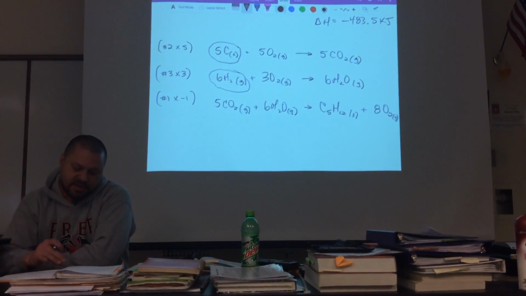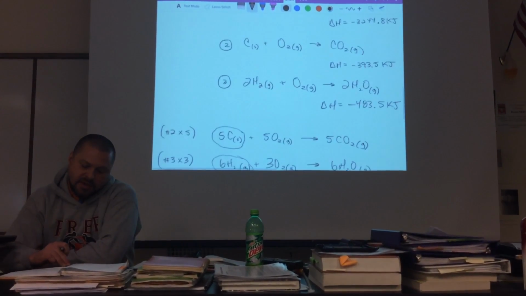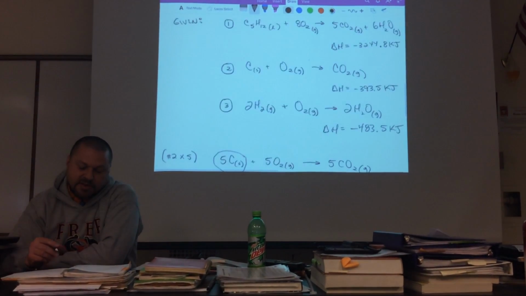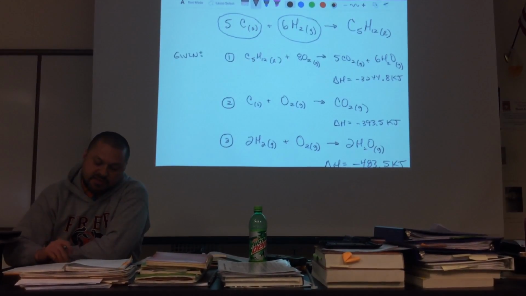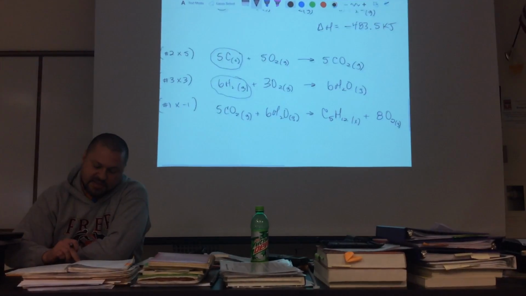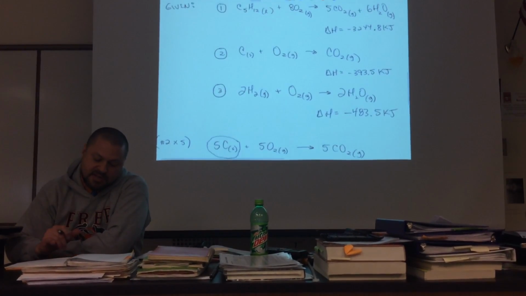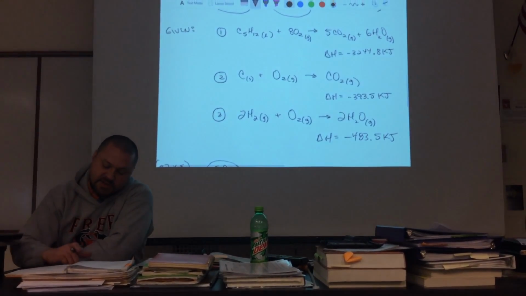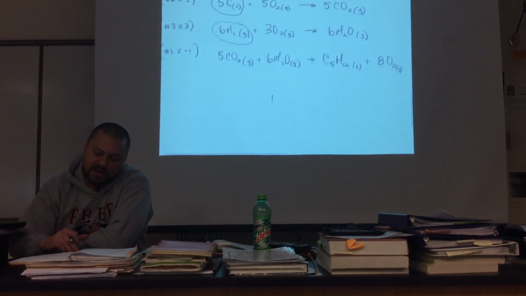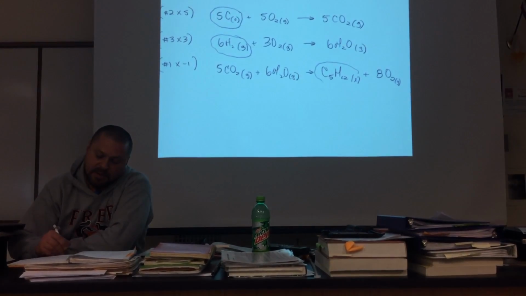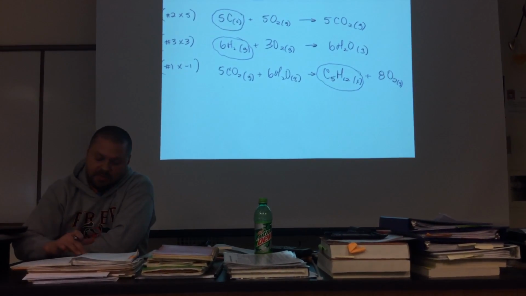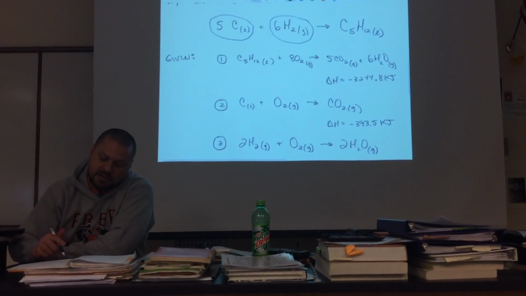So I basically just took equation number 1 and wrote it in reverse. 5 and 6 CO2 and H2O, C5H12 and 8O2. And the whole reason we did that step was to bring that into play, which matches this.